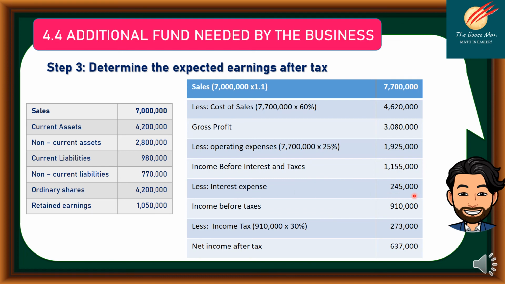So the income before taxes is 910,000. Take note that our income tax is 30%, so that is 910 times 30%, which is equal to 273,000. Therefore, the net income after tax is 637,000 pesos.